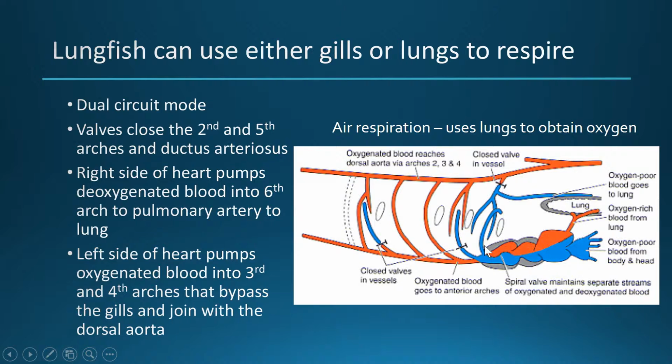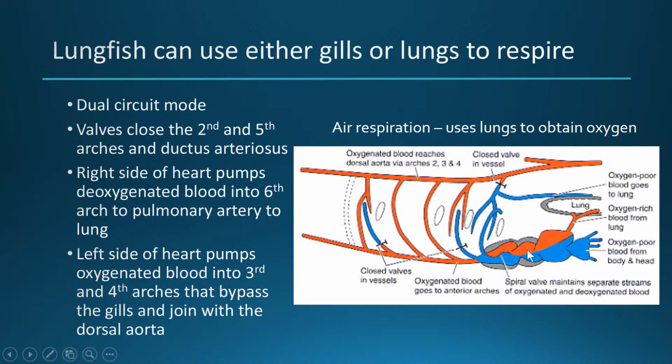And so anything over here can't go through the gills here and here, which aren't going to work anyway in the air. Instead, the poorly oxygenated blood is going to be pushed up here into the 6th arch, and then that's going to wrap around and go to the lung where oxygen can be obtained.